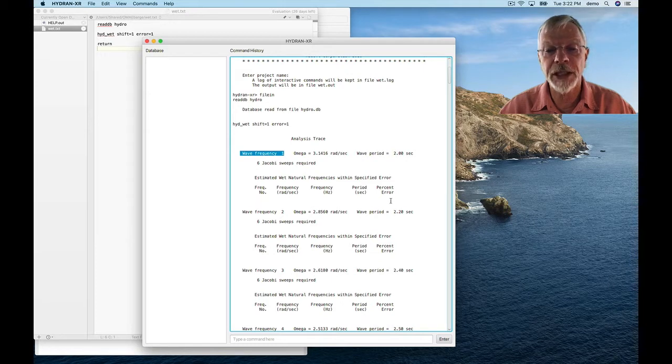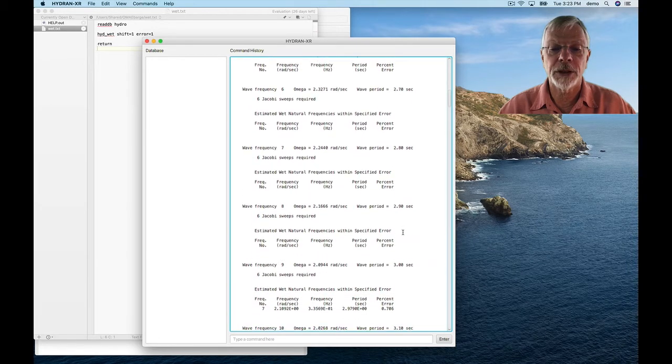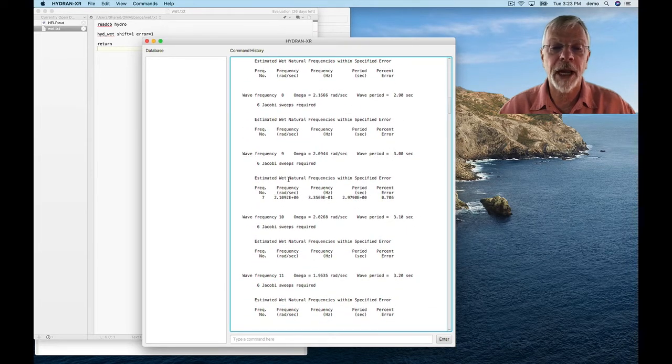And there's none listed here, so it didn't find any wet natural frequencies within 2-second period or 3.14 frequency. So we come down here until we find one that seems to match. Here we go. We have a match. Around 3 seconds, there's a frequency that's within 0.706. That's pretty small error, and so this is a good estimate of a wet natural frequency.